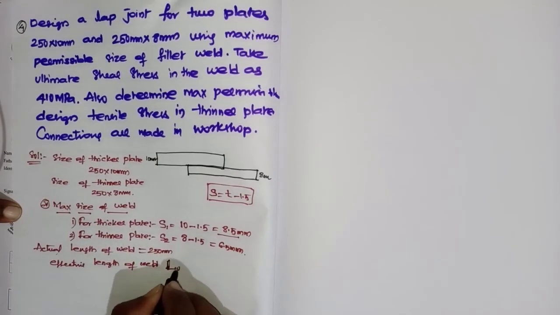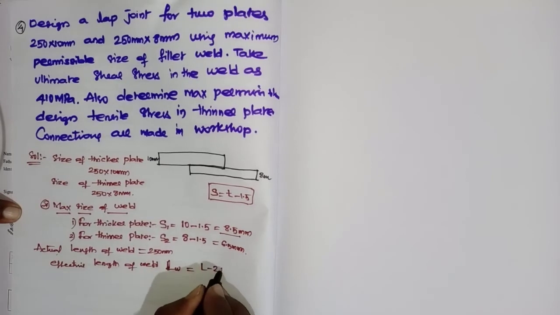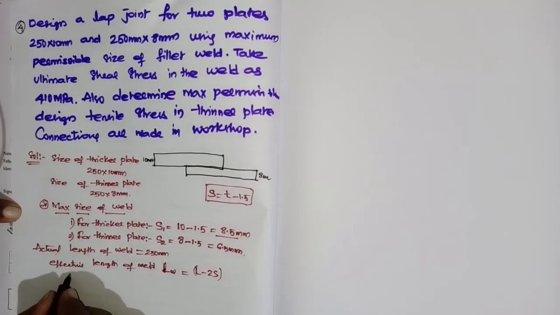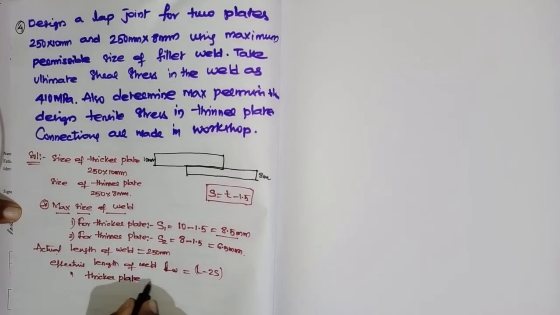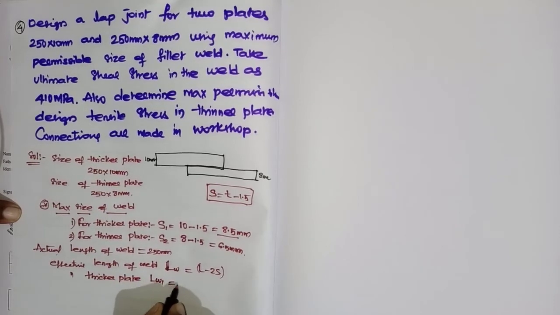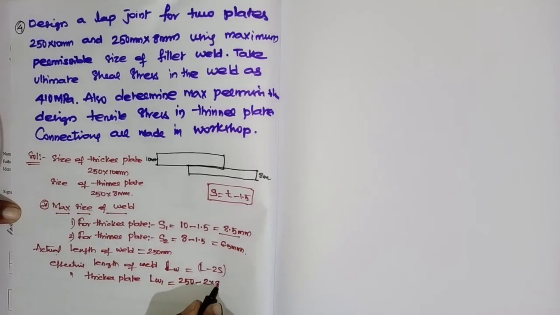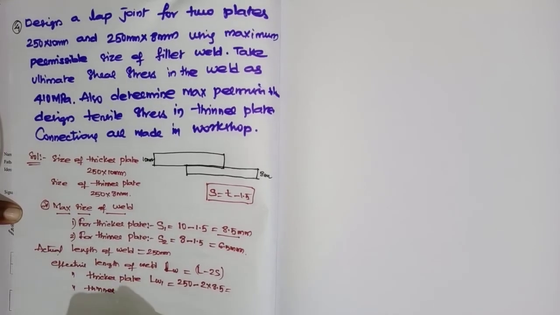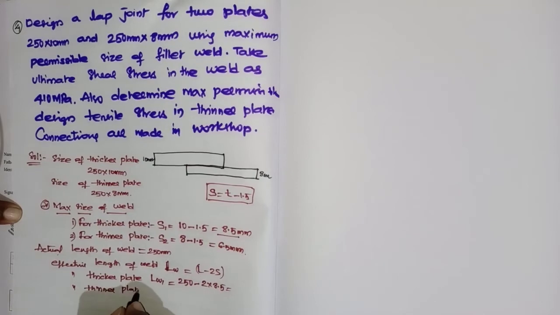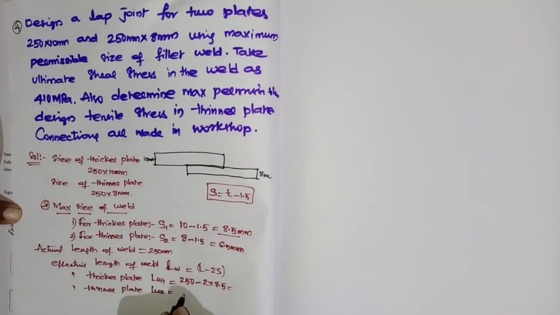Effective length LW equals L minus 2 times S. Now similarly for the thicker plate, I consider it as LW1, which is 250 minus 2 into 8.5. Next, for the thinner plate, LW2 equals 250 minus 2 into 6.5.